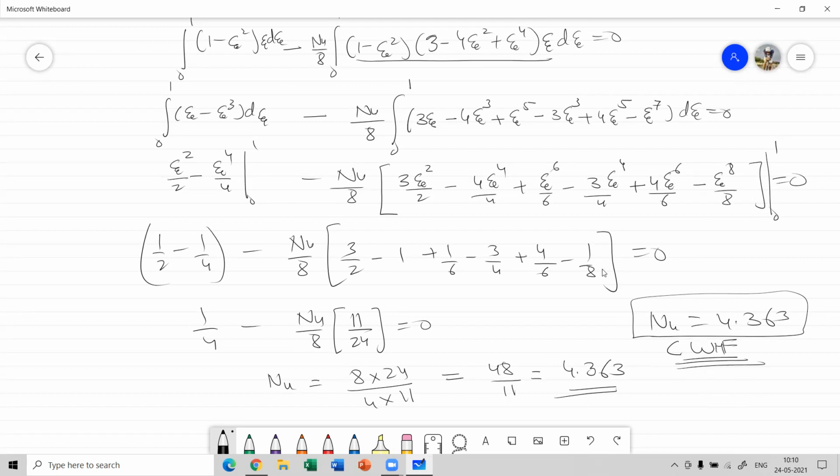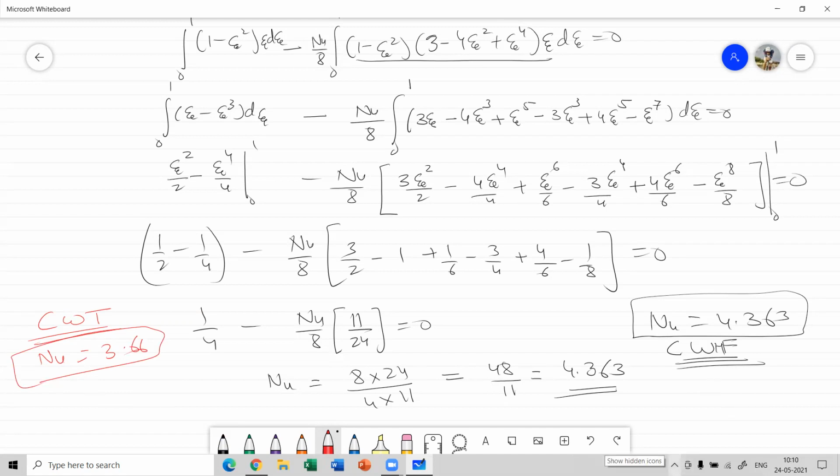Clear? And similarly, for constant wall temperature conditions, the Nusselt number is 3.66.